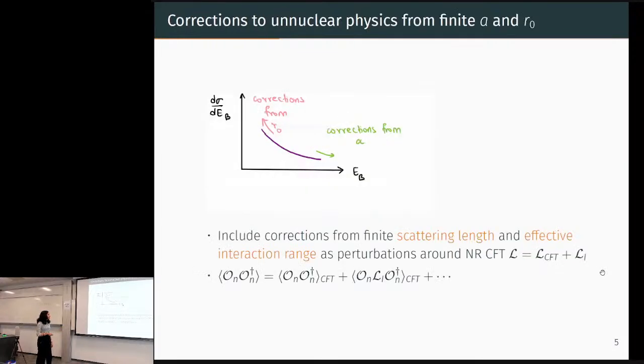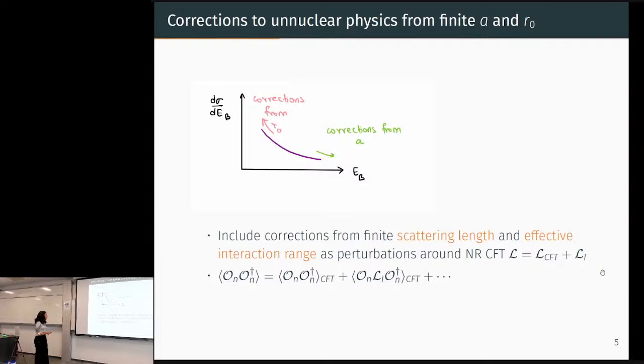So this unnucleus picture was introduced by Saul and Hammer in 2021. What we were interested in doing further was to account for corrections that come from a finite scattering length and a finite interaction range, because the neutrons in reality do have a finite scattering length and a finite interaction range. The way we do that is that now we are at a non-trivial fixed point, so we would like to do some sort of conformal perturbation theory around it.